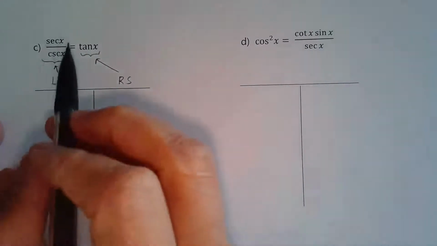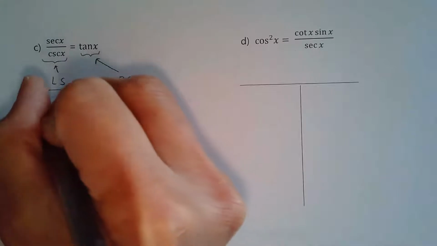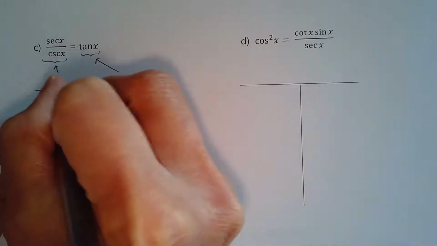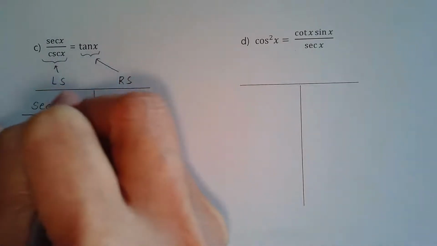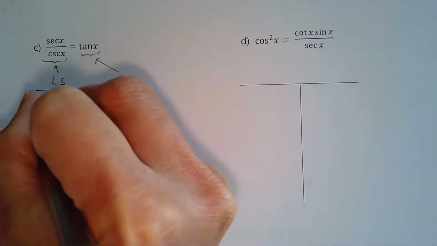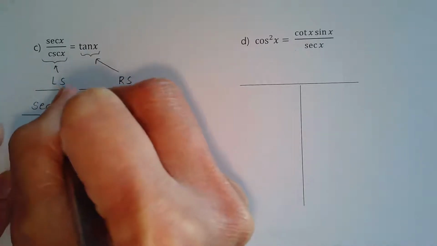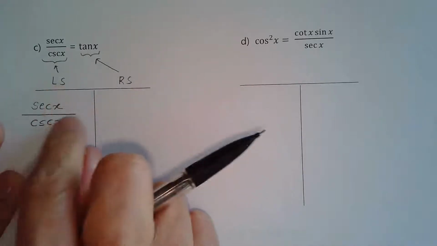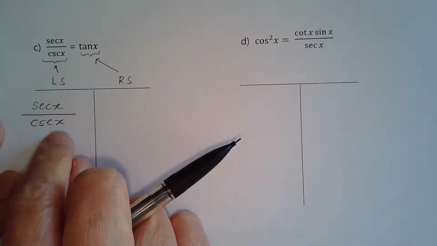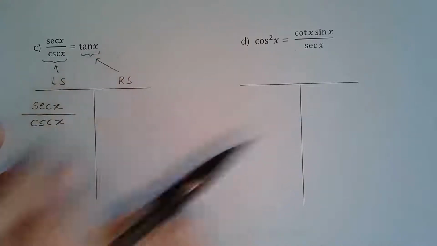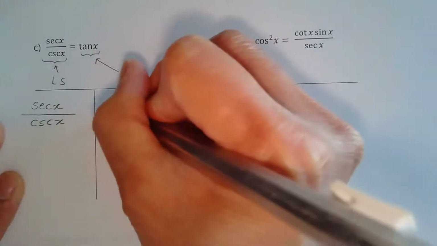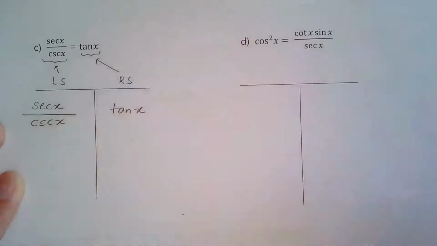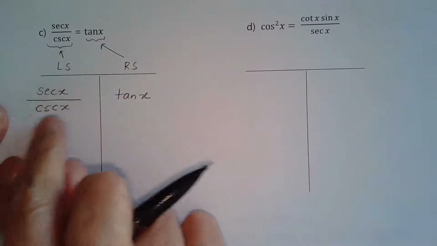So let's take a look. What do I know about this? Secant of x divided by cosecant of x. I want to use some of the trig identities that I know to make it look like tan of x. So I'm going to work this out.